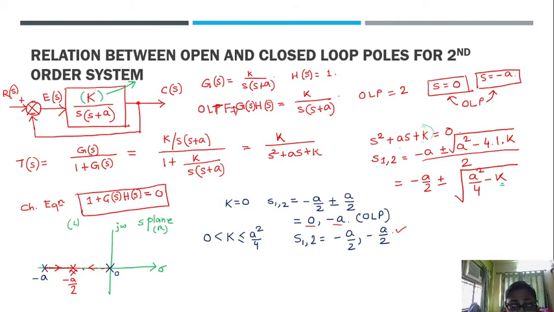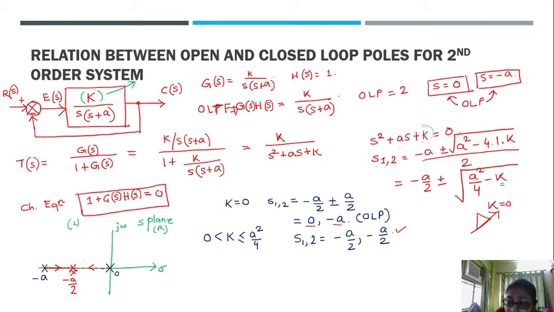Repeat, ma'am, please. Okay. What I am telling is that initially there is a gain factor. Now what is the gain? We are taking a variable gain k. Suppose I start the gain from 0.